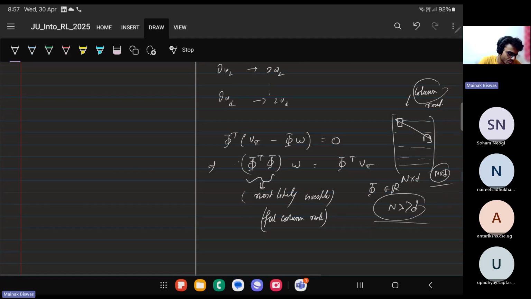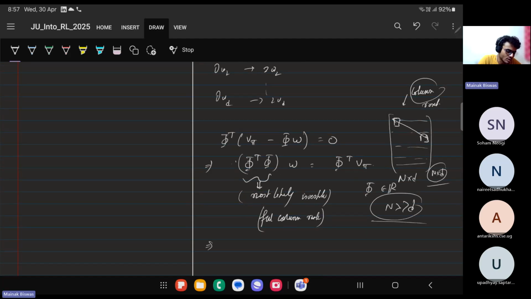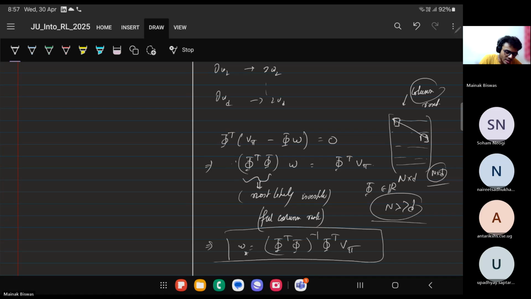Please, if you want to revise them, you can go and look at them. So you can write W as the inverse of phi transpose phi times phi transpose V pi. So your W has a closed form solution if V pi is known. Right? Any questions?